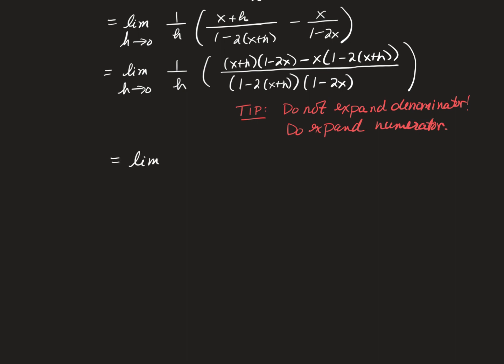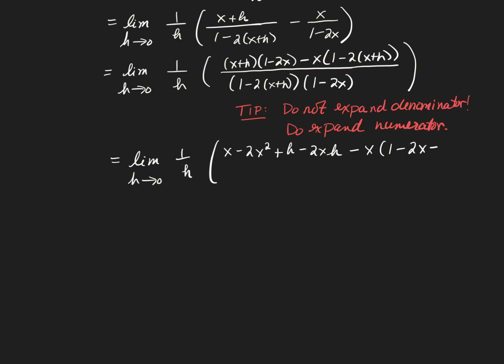So let's go ahead and expand the numerator. So what do I get? If I multiply out that first part, I get x minus 2x squared plus h minus 2xh in the first part. And in the second part, I've got minus x times 1 minus 2x minus 2h, and I'm going to do this in 2 steps.